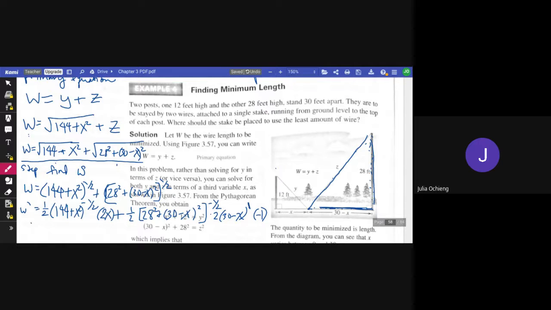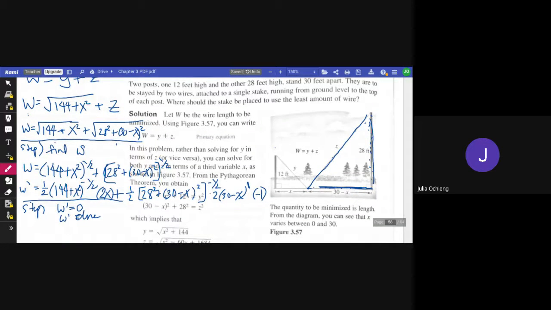So the next part after you find the derivative is you're going to think about what you would do next. You're going to solve for x when the derivative equals 0 and solve for x when the derivative does not exist.